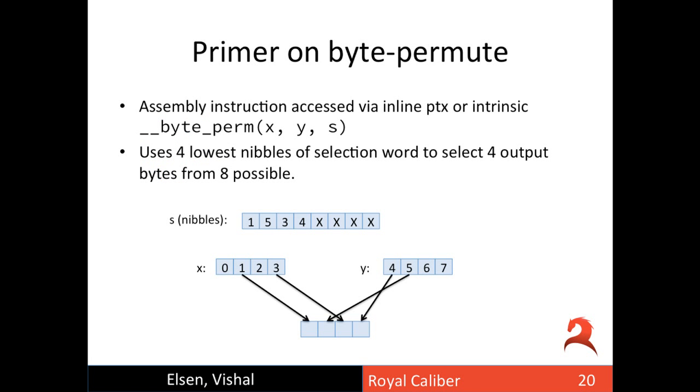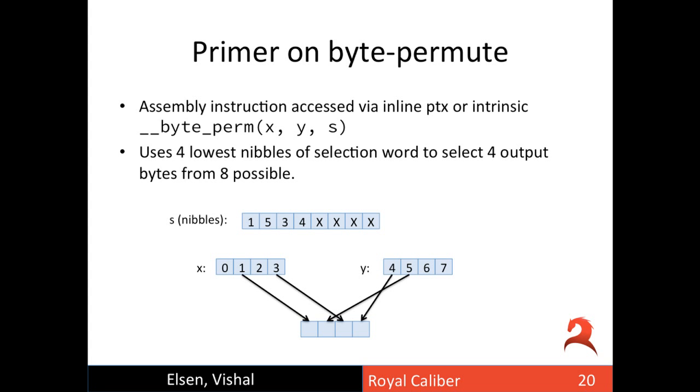And the better way involves another PTX instruction called byte permute. But there is actually an intrinsic this time that you can access, although it doesn't give you access to the full power of the instruction, but it's actually all we need here. What this instruction does is really nice. It basically allows you to gather from 8 possible bytes into one word. So here there's a selection word, S, that gathers from the 8 bytes of X and Y and outputs one word.